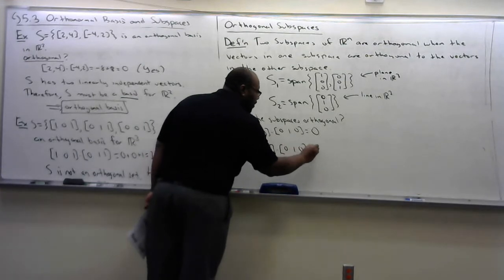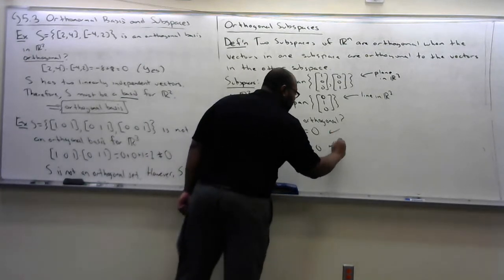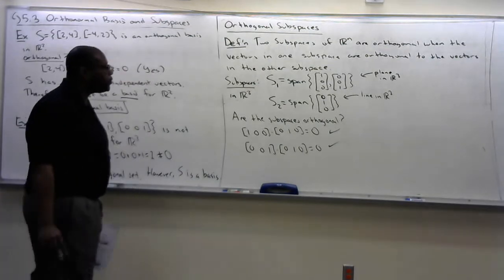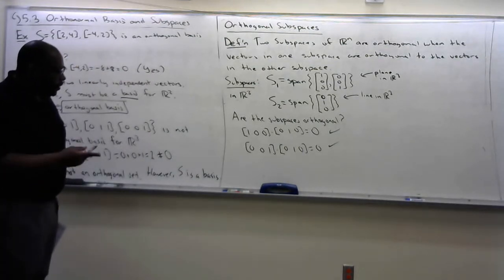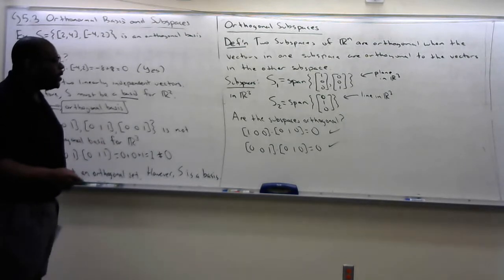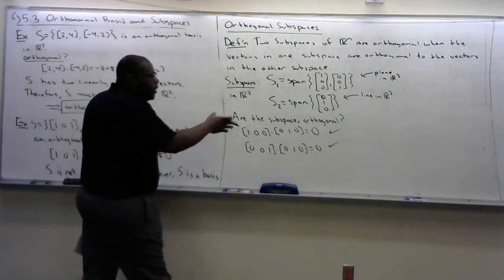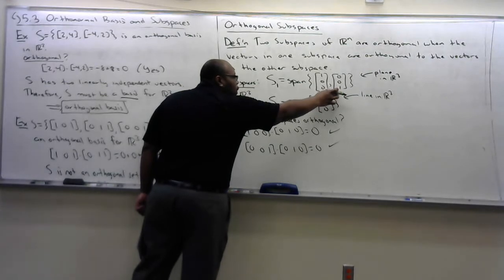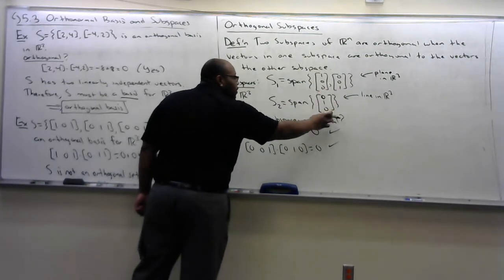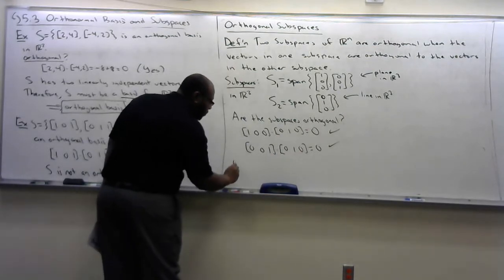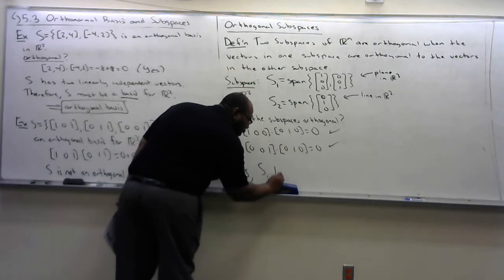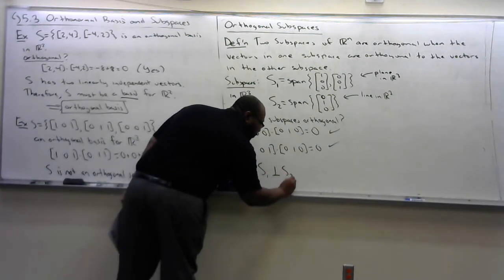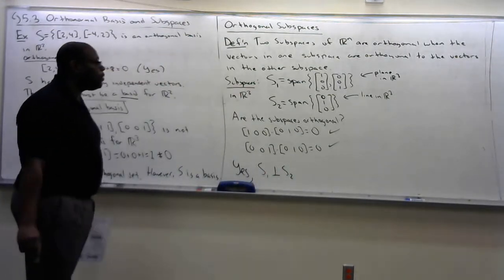Yes. 1, 0, 0 dotted with 0, 1, 0 is 0, and 0, 0, 1 dotted with 0, 1, 0 is 0 as well. So S1 is orthogonal to S2.